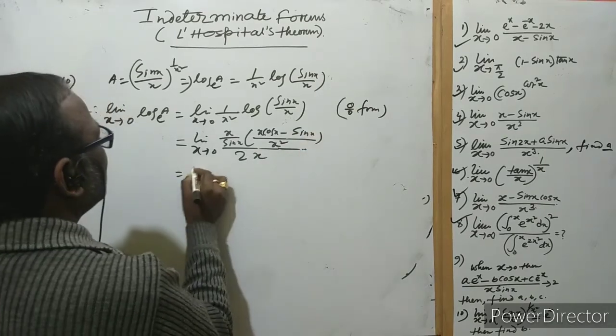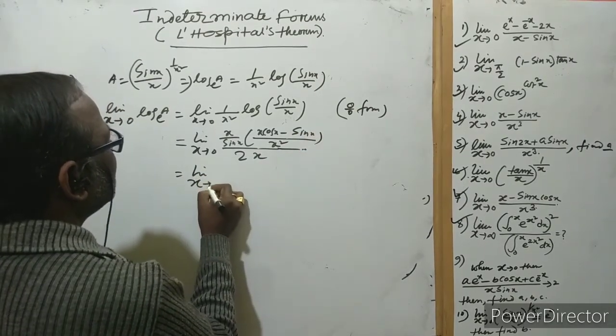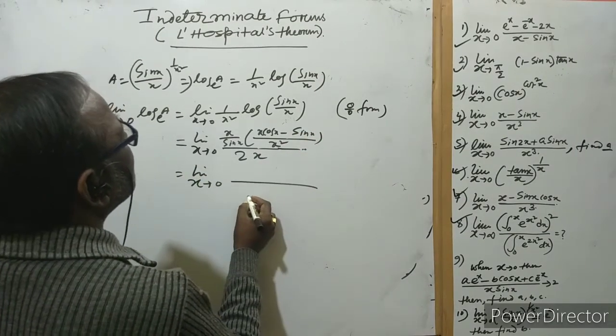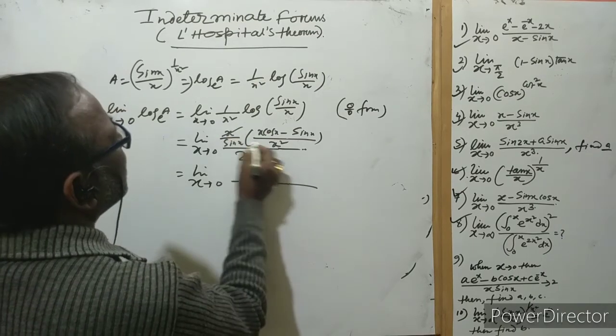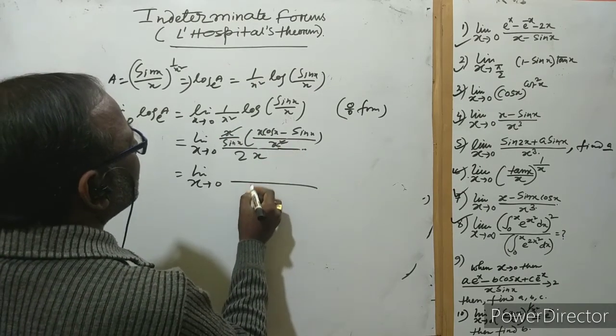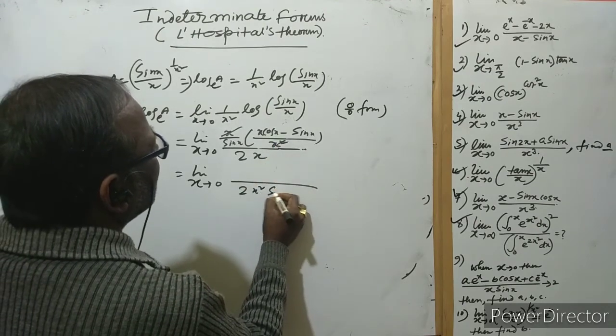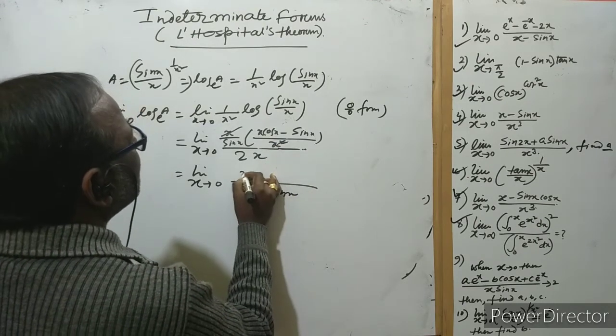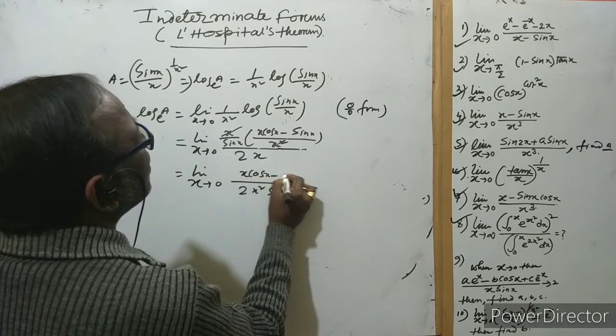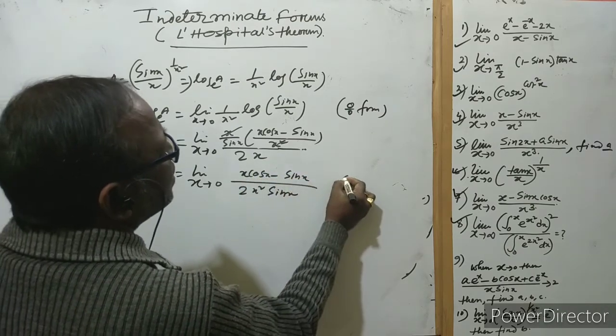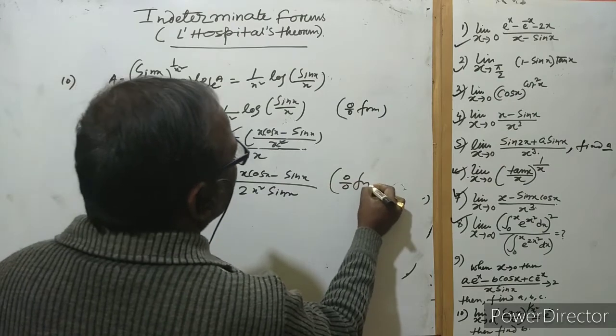Okay, now simplify this as the x are cancelled, so 2x square, x is x square sin x, and this is here x cos x minus sin x. Again see, this is 0 by 0 form.